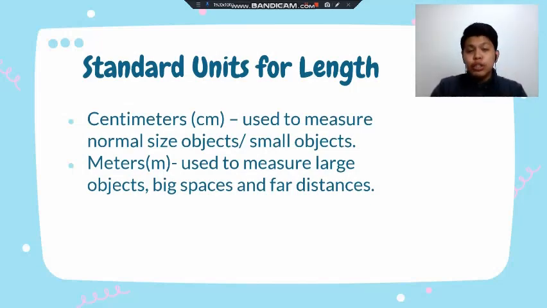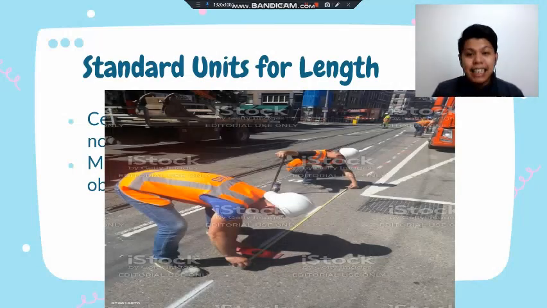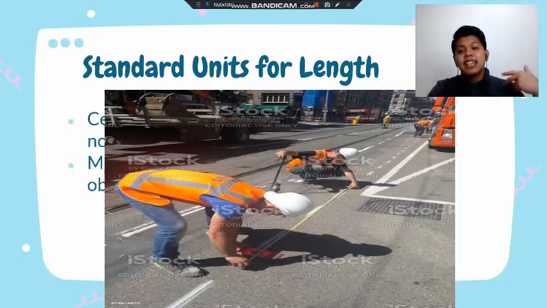This is used to measure large objects, big spaces, and far distances, such as the roads. How long will you be walking from the metro station going to the Burj Khalifa? That is used in measuring these long or big spaces.